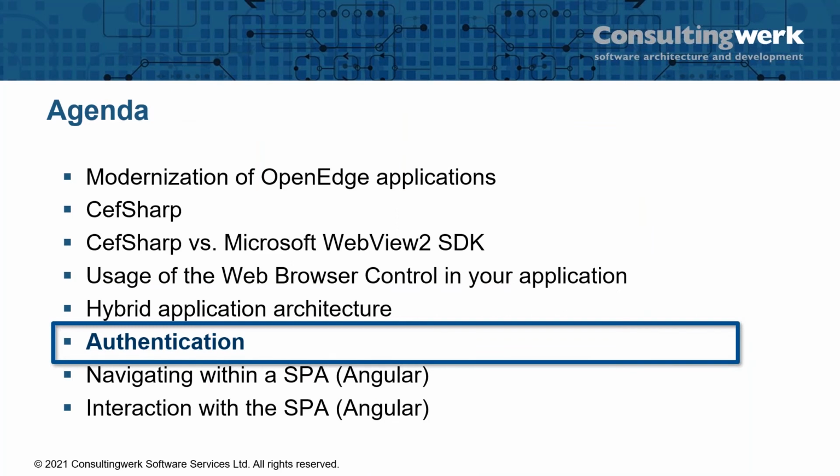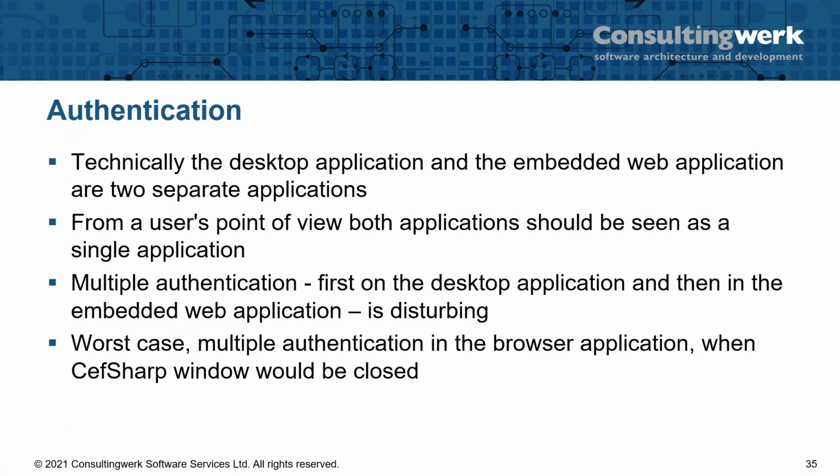So let's look at another important thing, and that's authentication. When we look at these hybrid architectures, we're actually looking at two different front ends, two different applications. We have the desktop application and the embedded web application. The user starts the desktop application, so typically the user would be authenticating at the desktop application to begin with. And then at some point, he launches pieces of the application that are implemented as a web application.